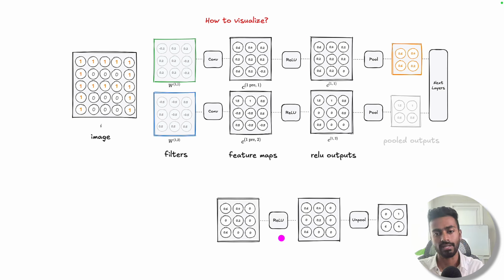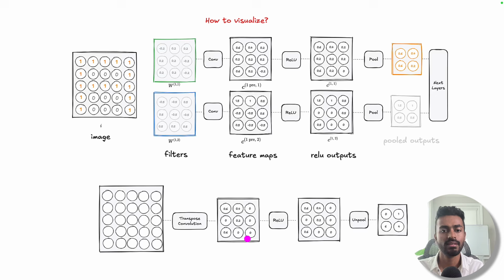Next, we create an activation here. It's kind of like a no operation, as there's nothing below 0 and everything is clamped to 0. And then we perform transpose convolution. The way we do this is, let's say we take this neuron here, which is 0.6.